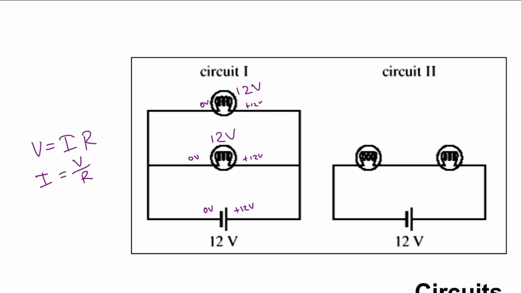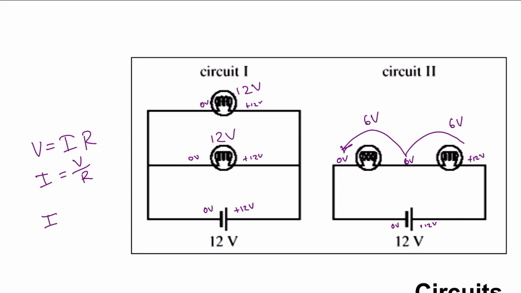Over here, however, this is 12 volts, so this has to be our plus 12, and this has to be our 0 over here, right? Because this is the plus 12, and this is the 0 volts, which means we actually have to step down twice. If they are the same, that means right over here we have to lose half of it. That means in the middle is 6 volts, which means this one is only going to have a drop of 6 volts, and this one's only going to have a drop of 6 volts.